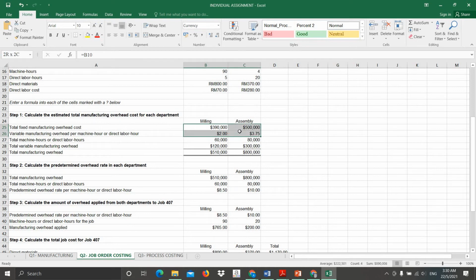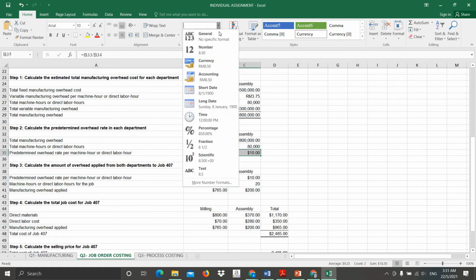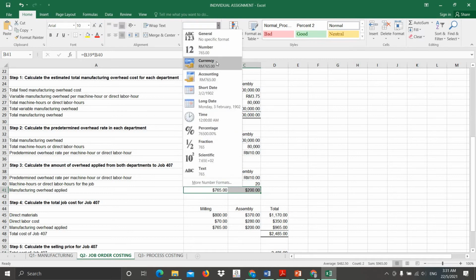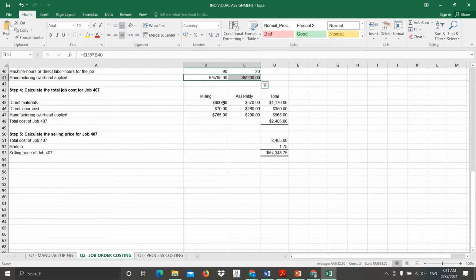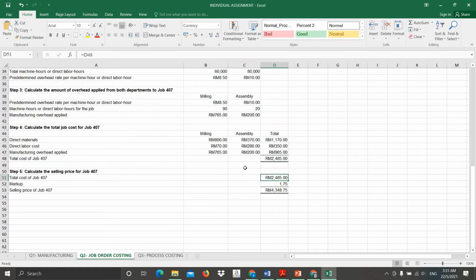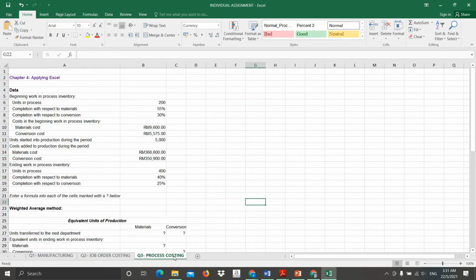So we need to change the currency to ringgit Malaysia again. So we proceed with question number 3.